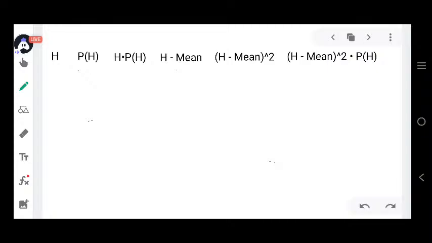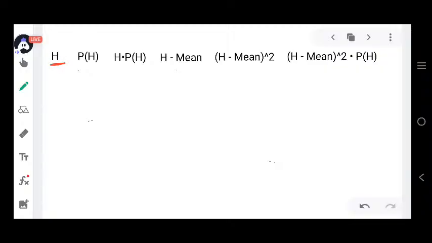In finding the variance of the discrete probability distribution, you need to have 6 columns. First and foremost is the first column, the random variable H.